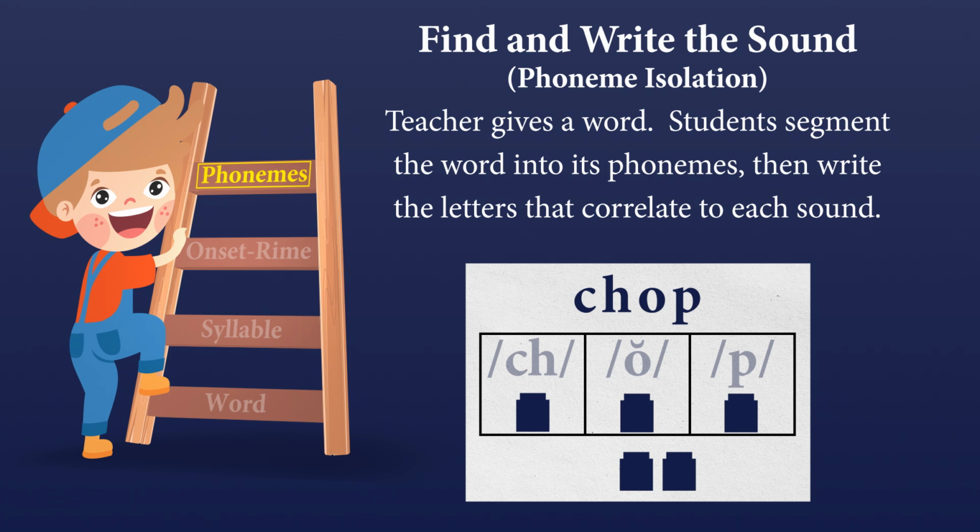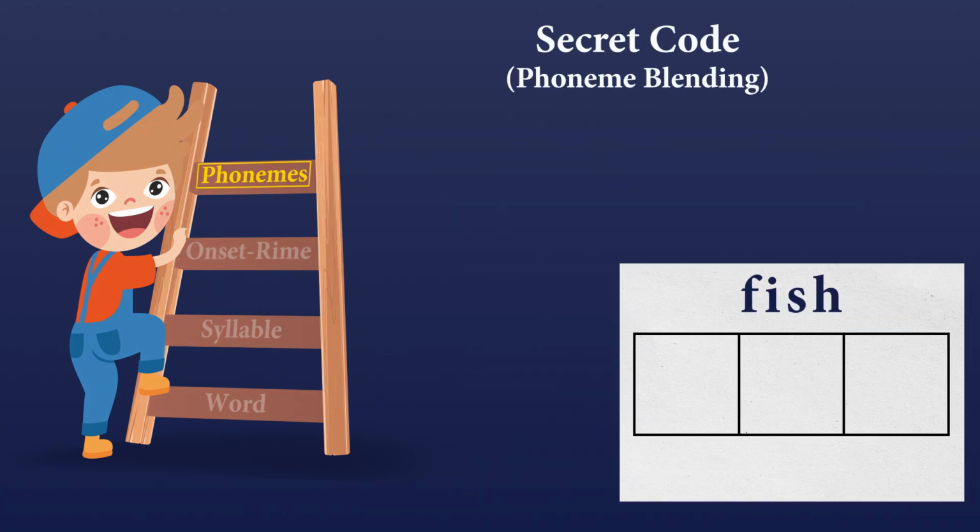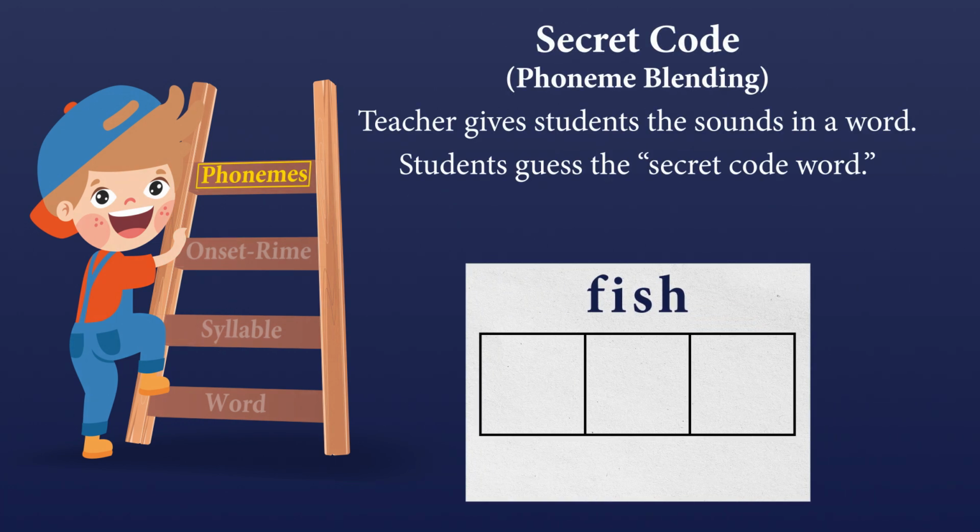The teacher would then ask students to locate the target sound. Then, to incorporate print, the teacher would guide students to name the letter that spells that sound and to write it in the box. In the secret code activity, a teacher could incorporate print at the blending stage and the segmenting stage. To incorporate print, the teacher could have sound boxes on the board and write the letters as they say the sound for students to blend together.